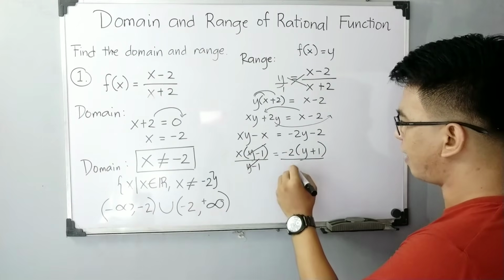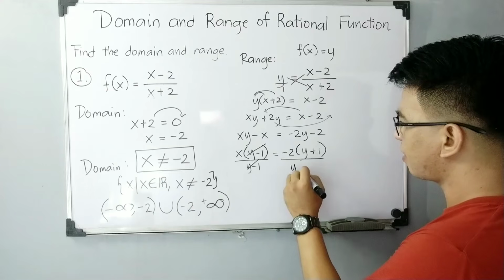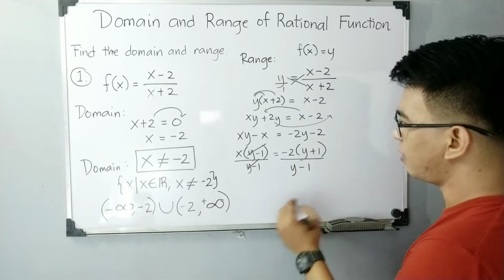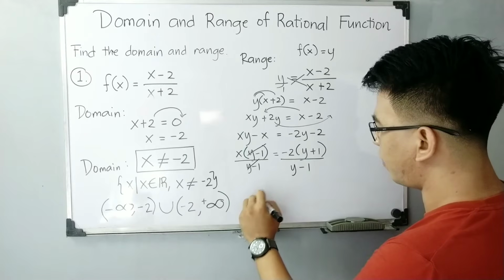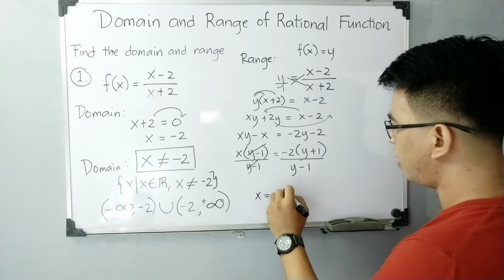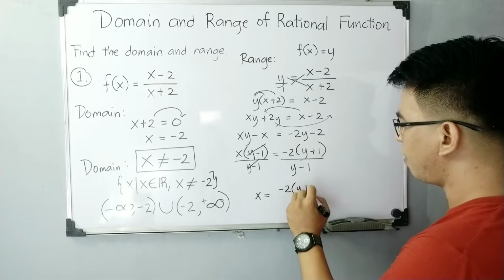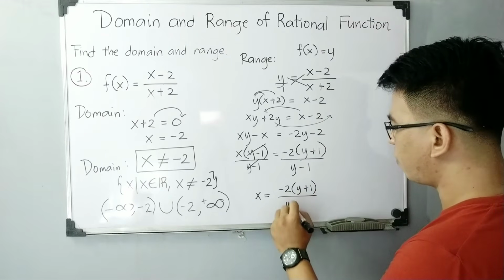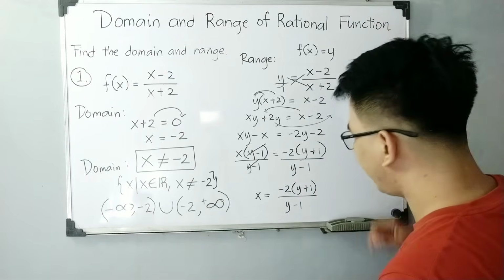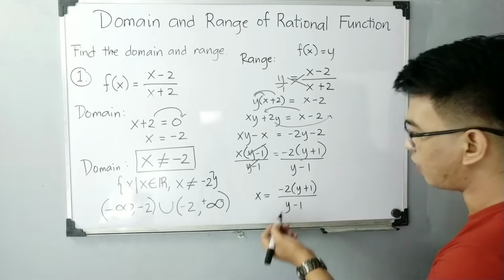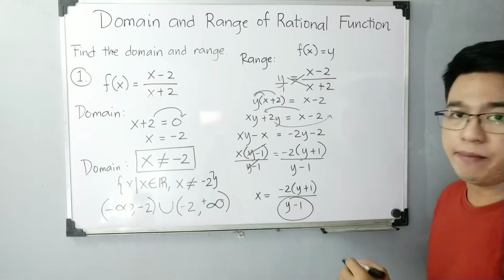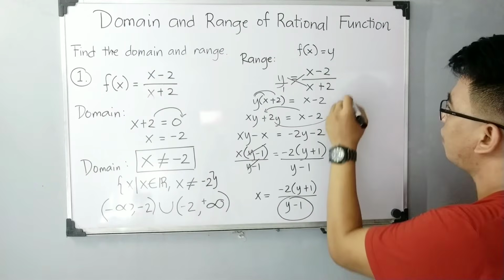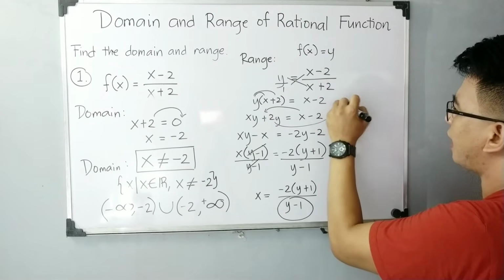Cancel, you have y minus 1. So, we have here now, guys, x is equal to negative 2 times y plus 1 over y minus 1. Now, this is still not our answer. Get this denominator, y minus 1. You have, for the range, I hope it fits.